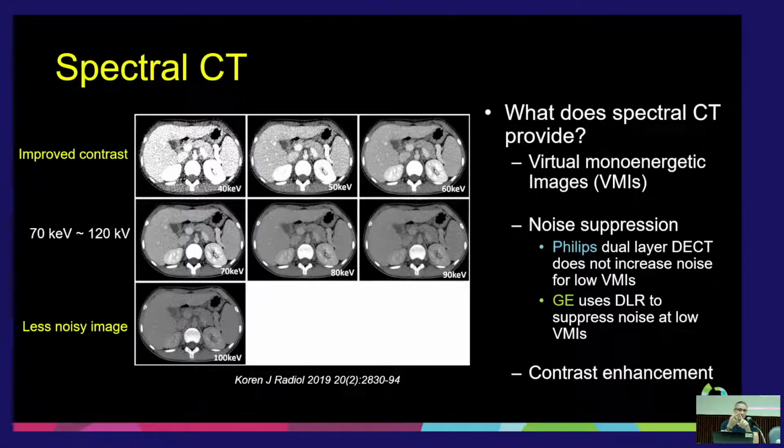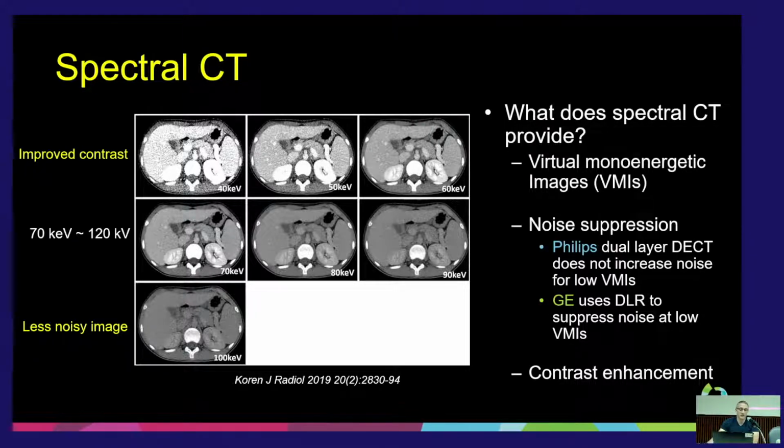And you can also then quickly go left to right and look at the various different contrast levels as if it was dual energy. So that's one of the benefits of the Philips system. They don't have to a priori pick which images the radiologist will look at. They will be able to look at any one of these keVs based on their need.